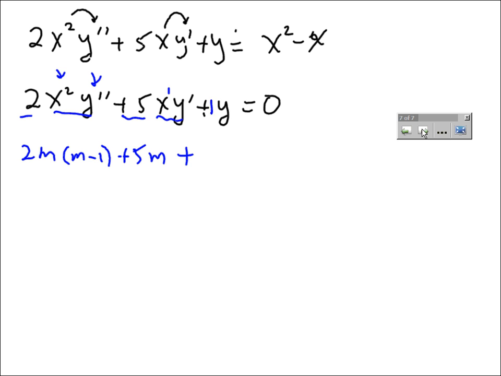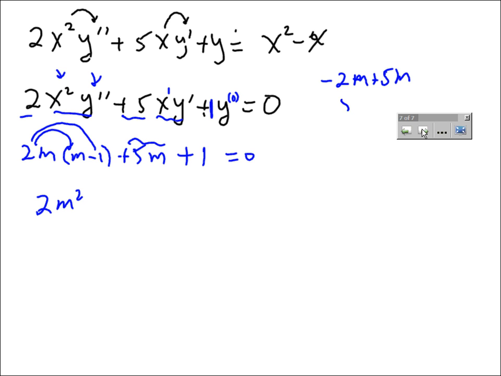Plus, always write down the 1 if need be. And then, since the derivative is 0, don't write down 0 numbers. And this is equal to 0. So 2m squared minus 2m plus 5m. If you prefer, and I would, instead of minus 2m plus 5m, I would do 5m minus 2m. And that gives me 3m plus 1. This is 0.